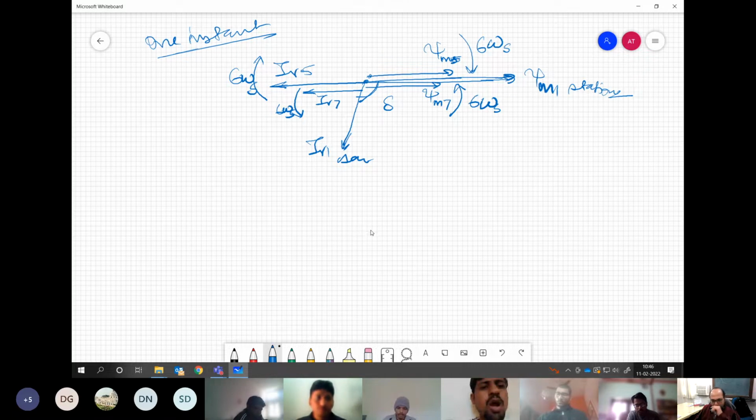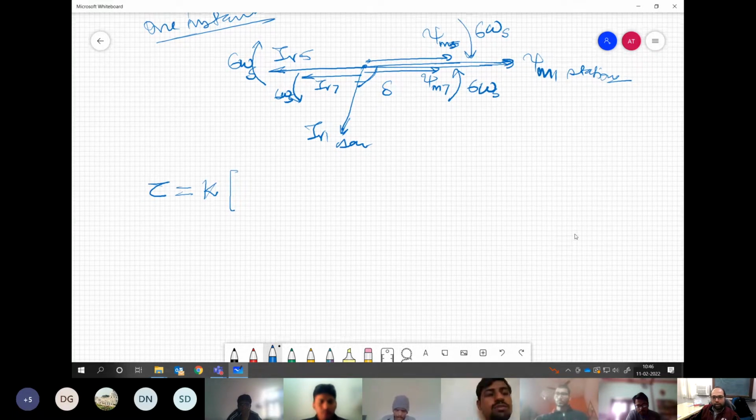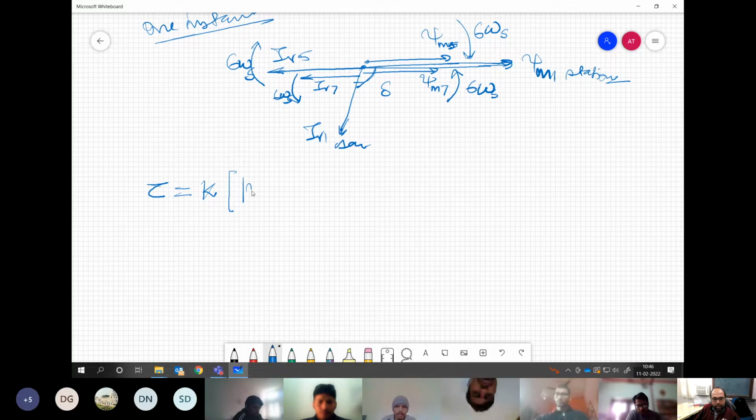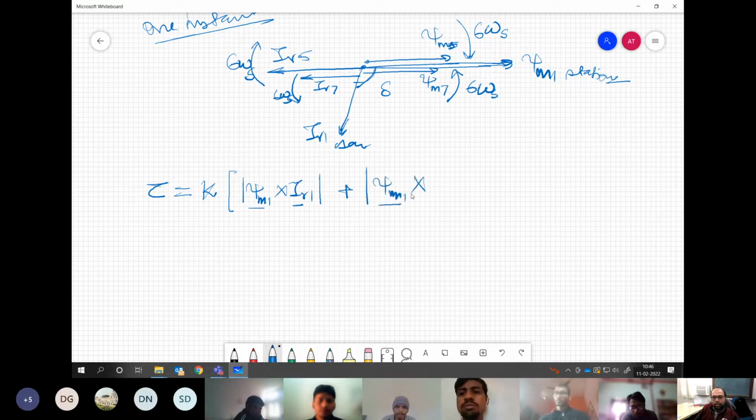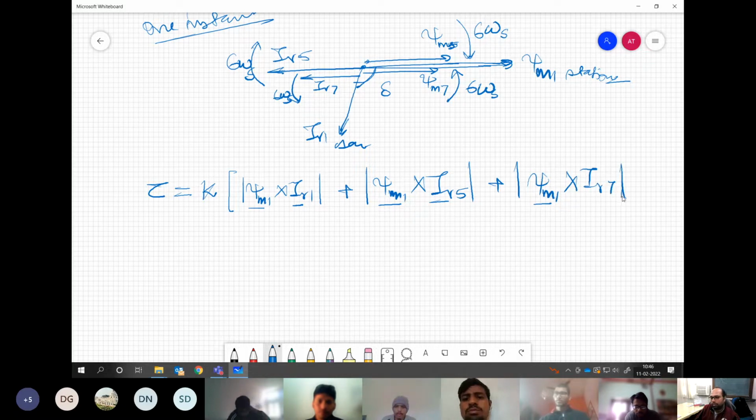Now, we are trying to get torque because of interaction of all these quantities. So we can take a constant K and we can write the expression for all this. So what is the expression? Expression is psi m1 cross IR1, the cross product of these two, plus psi m1 interacting with IR5 plus psi m1 interacting with IR7. Fine?